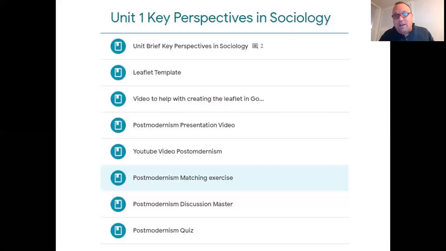I won't be doing that today because I think there won't be time, where the group discusses the definition of, in this case, postmodernism, and then I invite you to go out and get a source which gives a definition of postmodernism and discuss the relative definitions to come to your own understanding.